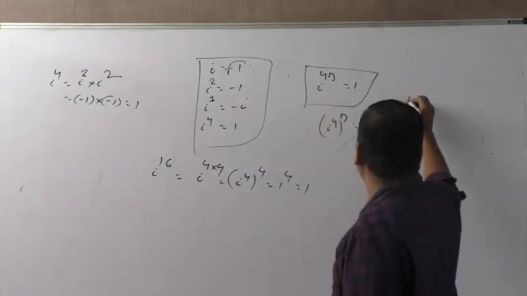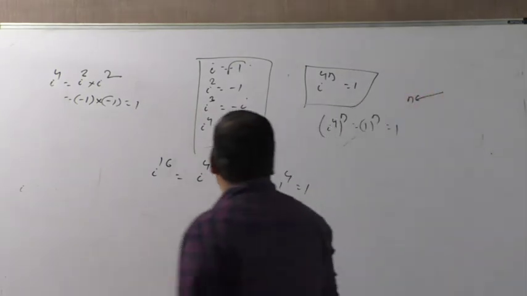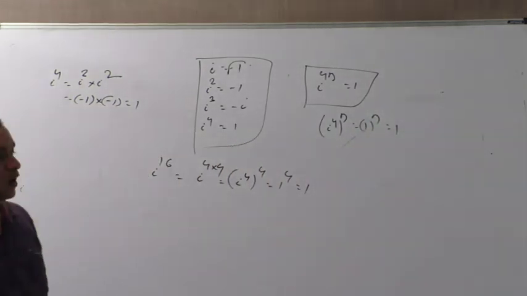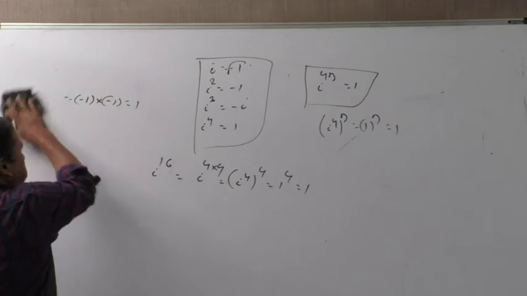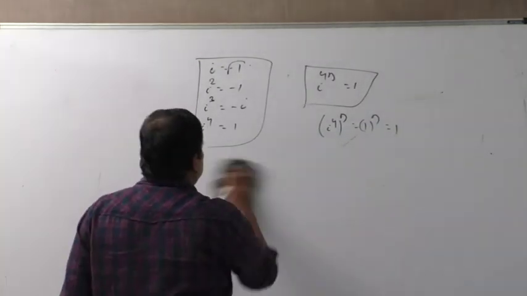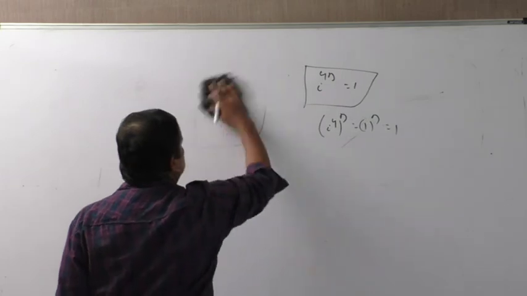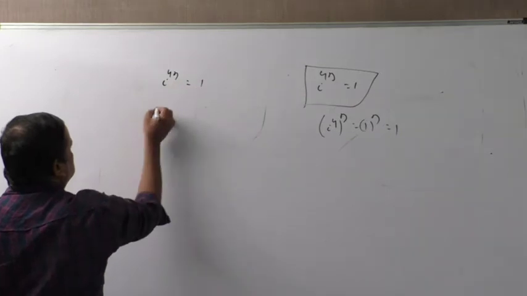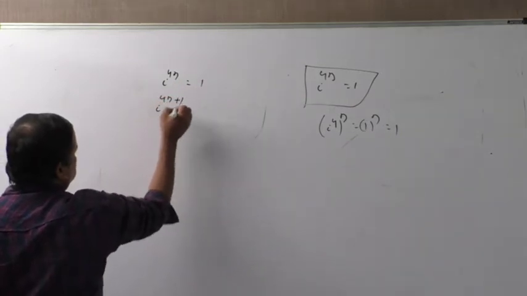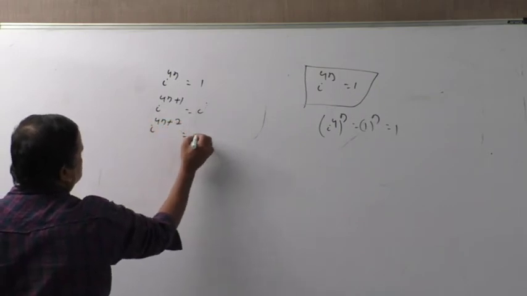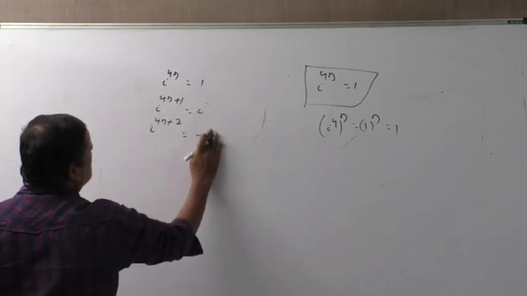Here n is a natural number, or whatever the value of n, it is always 1. So how to find the power of i? You have to remember: i to the power 4n is 1, i to the power 4n plus 1 is i, i to the power 4n plus 2 is minus 1.